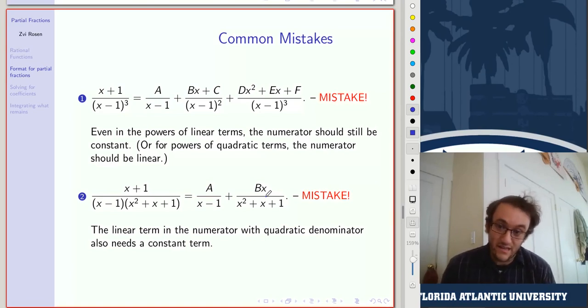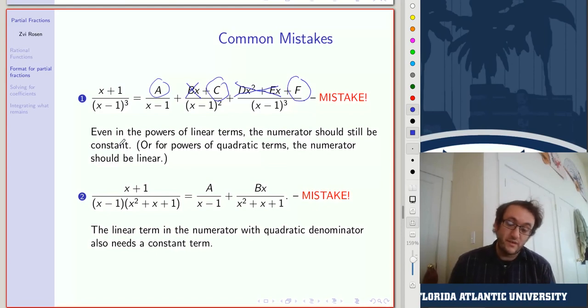And this is a mistake. So you shouldn't get anything like this linear term, or either this linear or quadratic term. Whenever you have the linear term in the denominator, you should just have a constant, okay, like we have here. And even when the linear term is raised to a higher power, the numerator should still be constant.